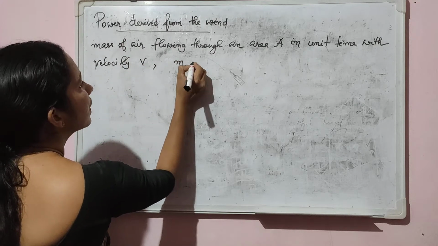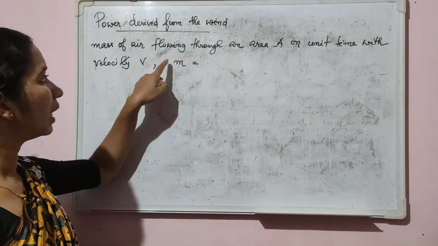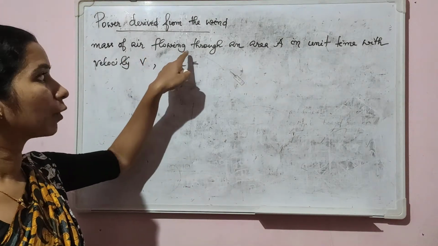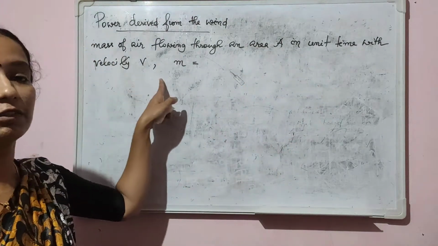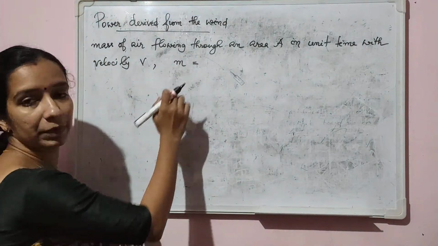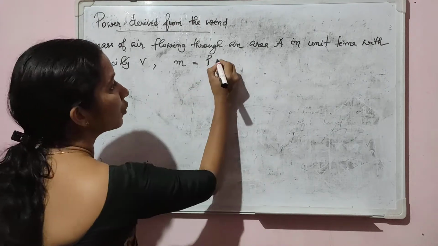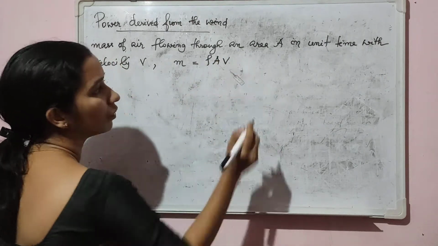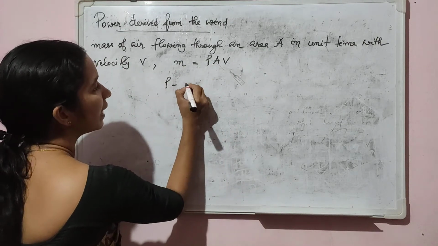That is, m is equal to... So we are going to calculate the mass of air flowing through an area A in unit time with a velocity v. That mass can be represented as m, and m will be equal to rho into A into v, where rho is the density of air.